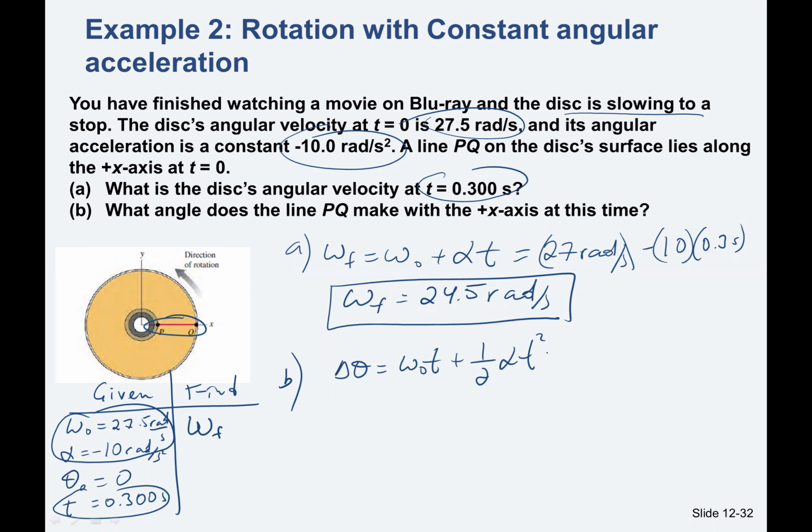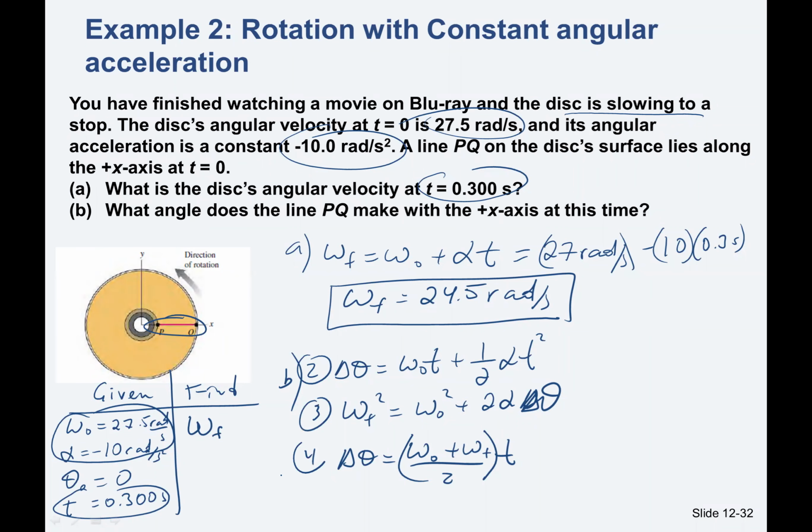You can easily use this equation to solve for delta theta because you have everything else. And you choose which one you want to use. Either one of them will give you the right answer. I have in my lecture slides, I'm using equation 2.